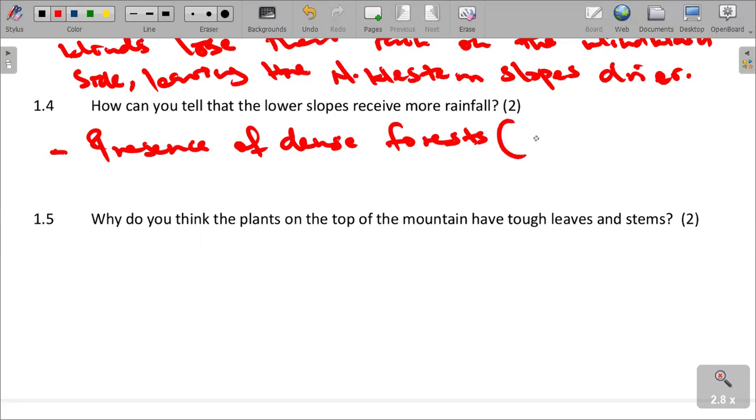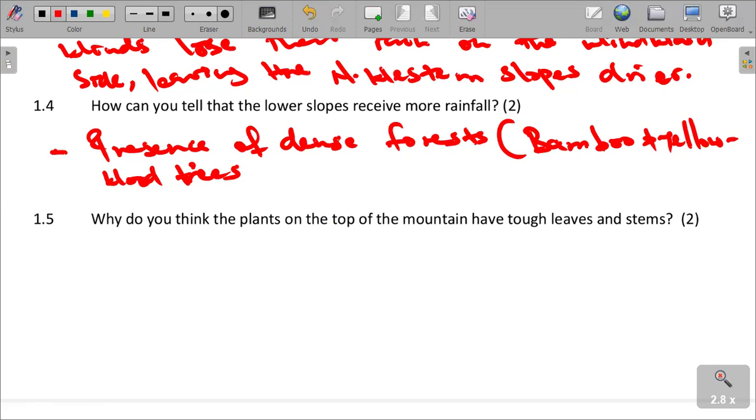It is given that we have bamboo and yellowwood trees.